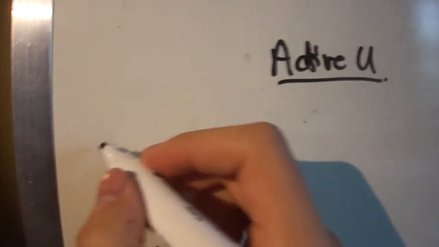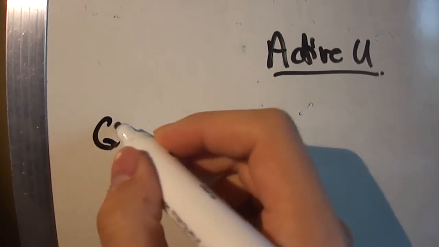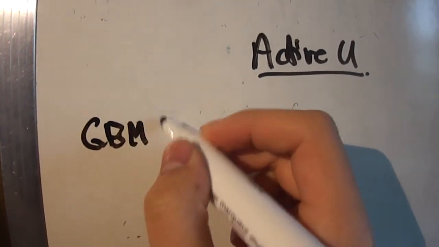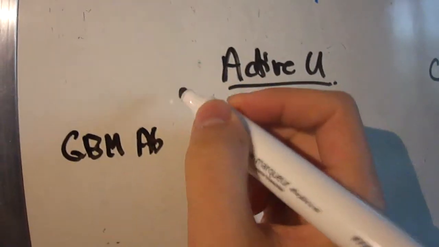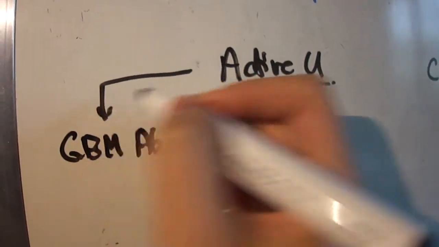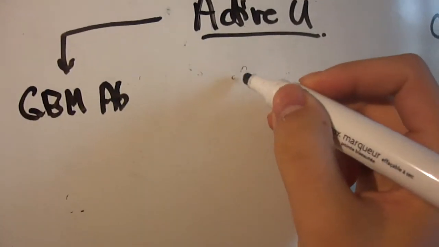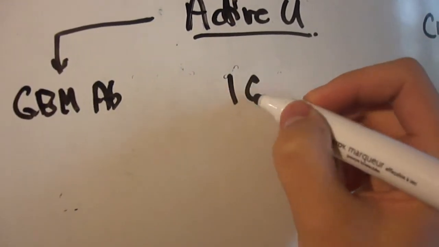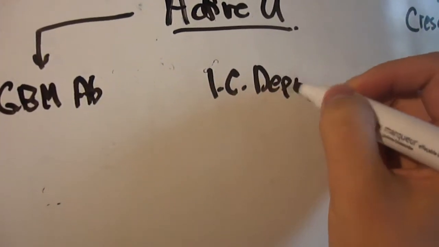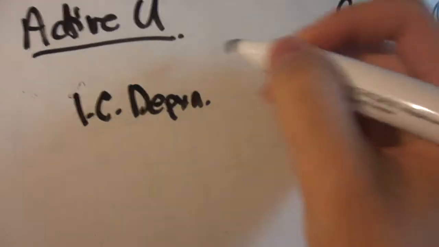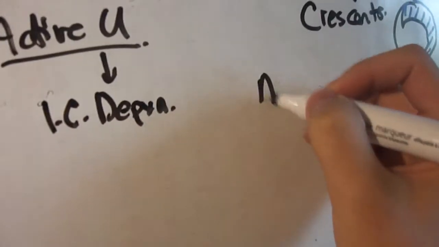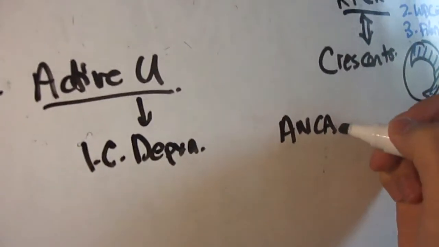One, you have an antibody to your glomerular basement membrane. Two, you have a deposition of immune complexes. Three, you have an ANCA pathology.